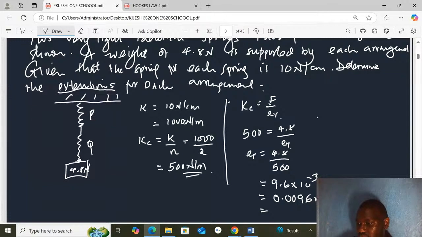This one is equivalent to 0.96 centimeters.